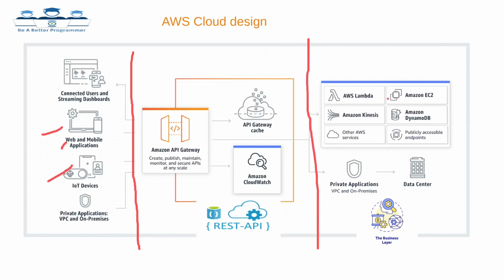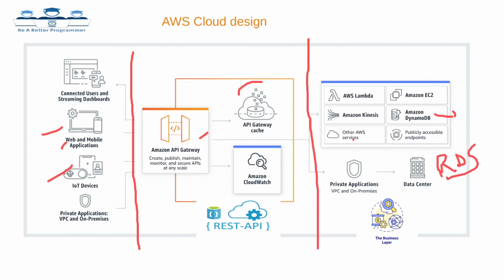Inside the backend you have databases, like a DynamoDB database, or maybe RDS, that is an Oracle relational database. So here API Gateway can be treated as a front door to your application. This is the API Gateway, and it has its own caching mechanism, which I am going to explain in my next video.